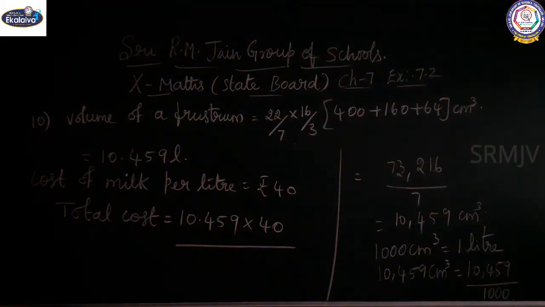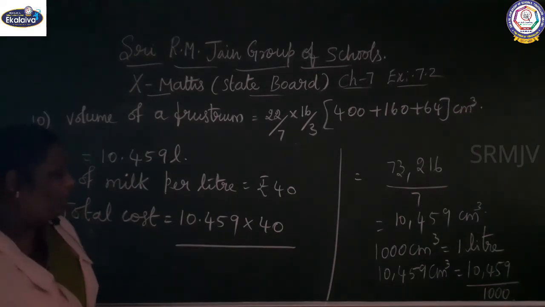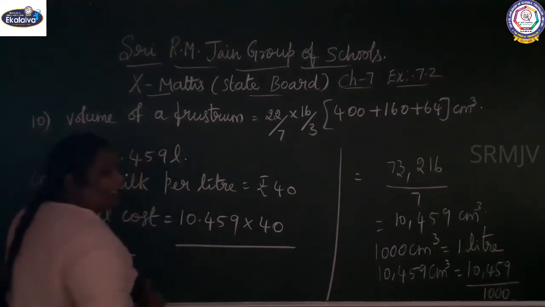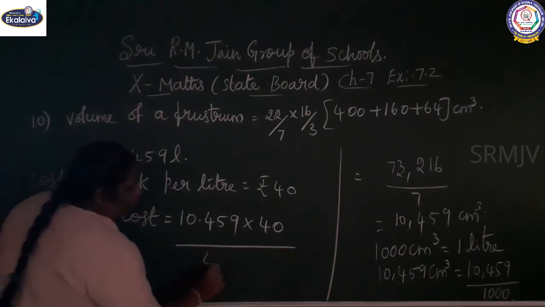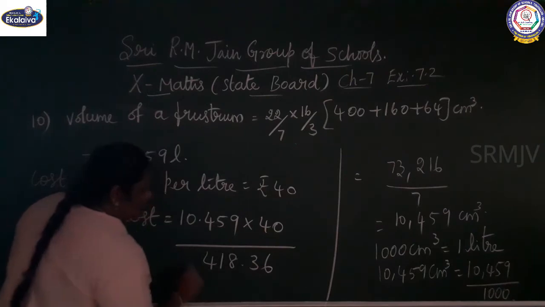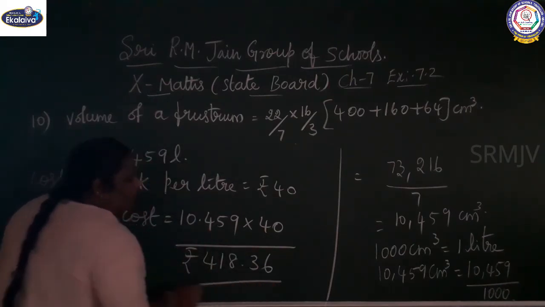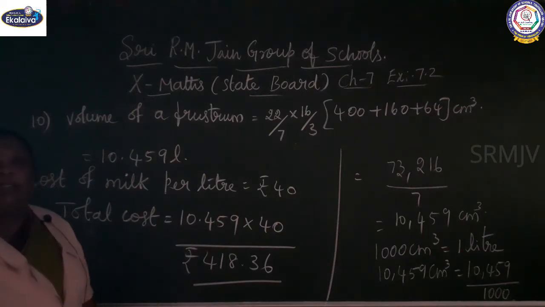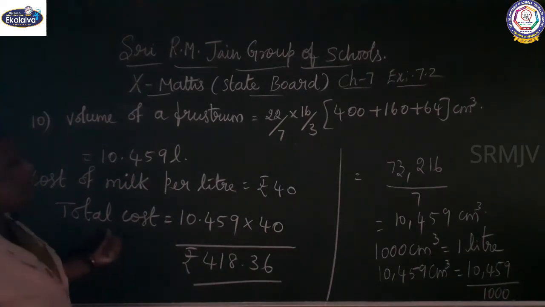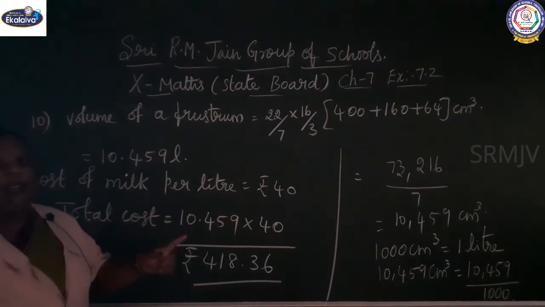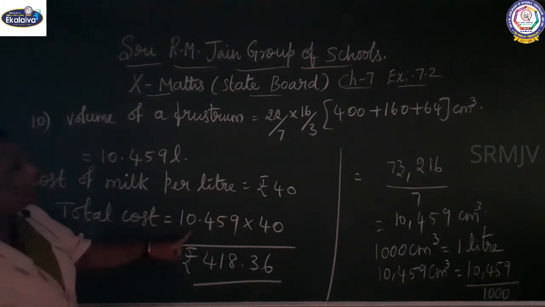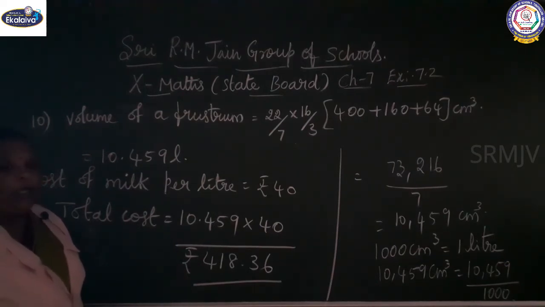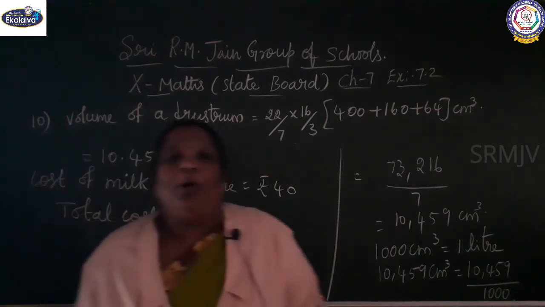You can multiply the value. What is the value you are getting? 418.36 rupees. You can do the calculation part in the rough work column. Cost of 10.459 liter equal to rupees 418.36. I hope you understood, children.